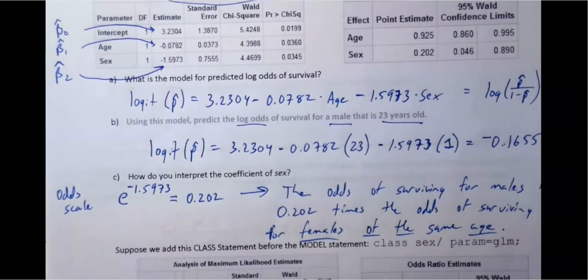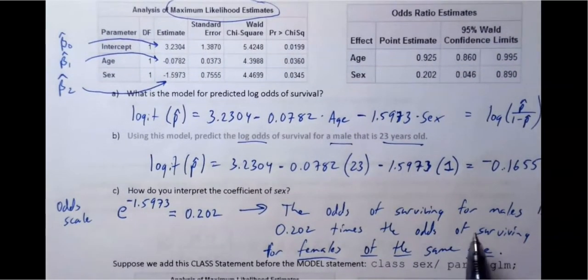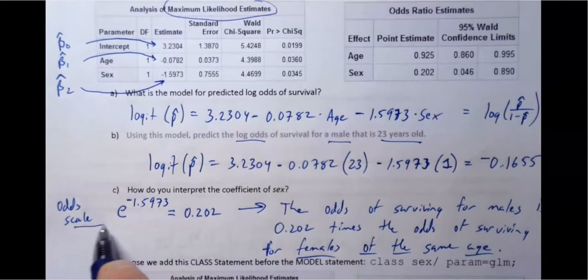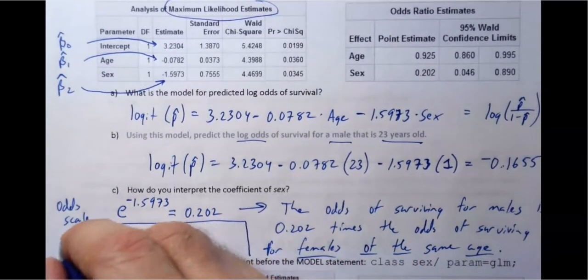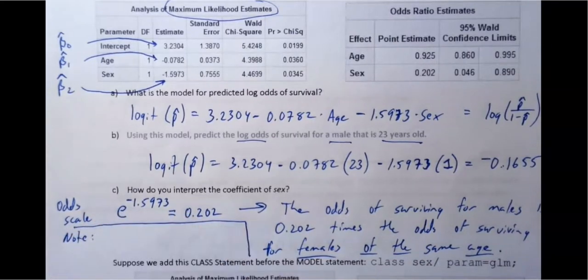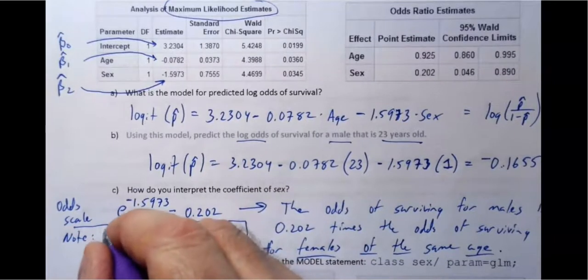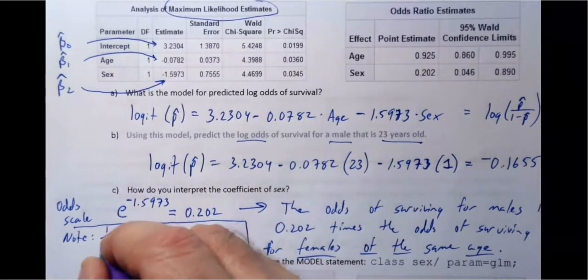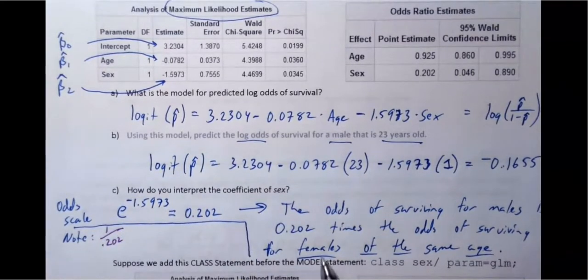I'm modeling the odds for males relative to females, and note that we could actually flip this all around, and I'm going to give you a chance to try this. I'll write this in a different color pen, just to clarify. If I take 1/0.202, this is the odds for males relative to females.